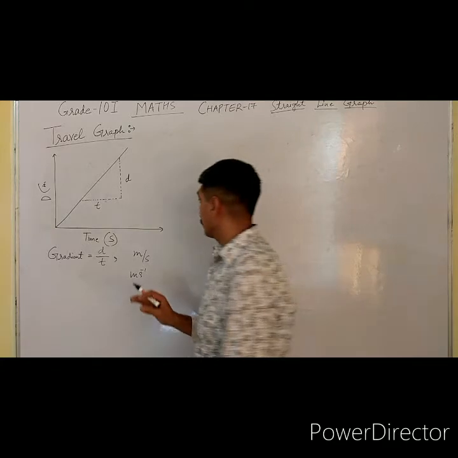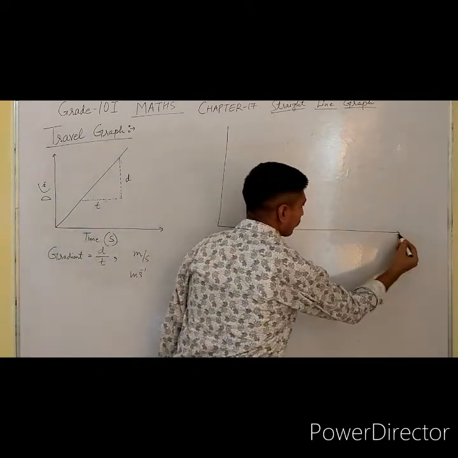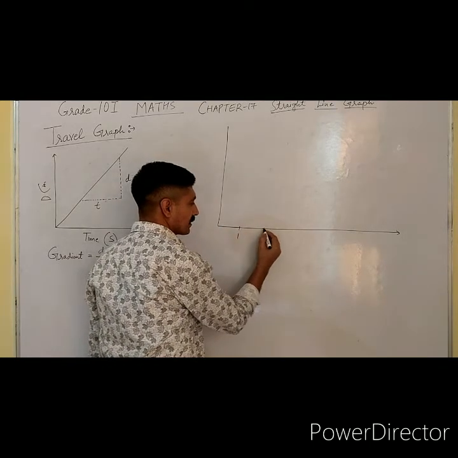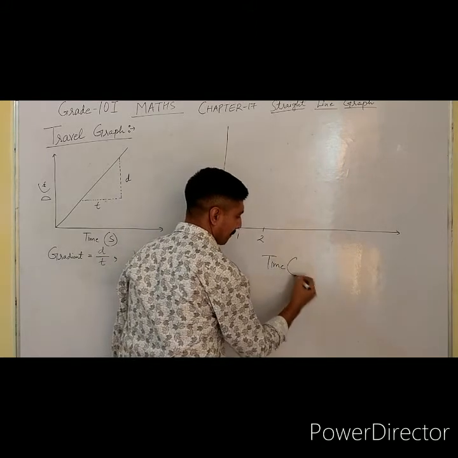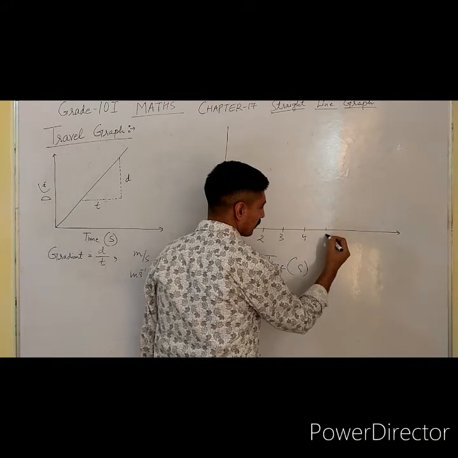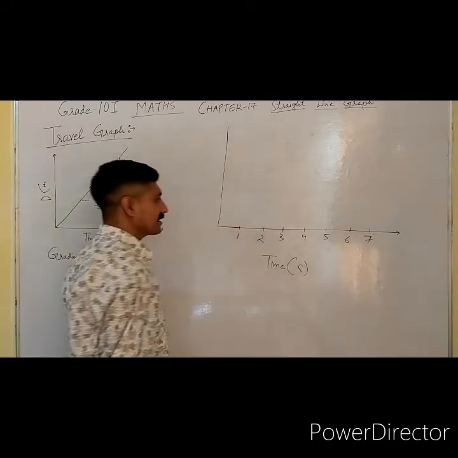Let's take a graph here. If we have a time axis, like 1, 2, 3, 4, 5, 6, 7, and so on, in seconds.